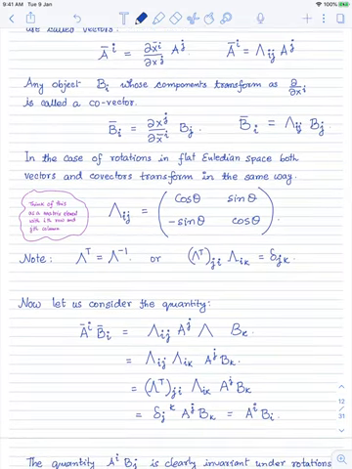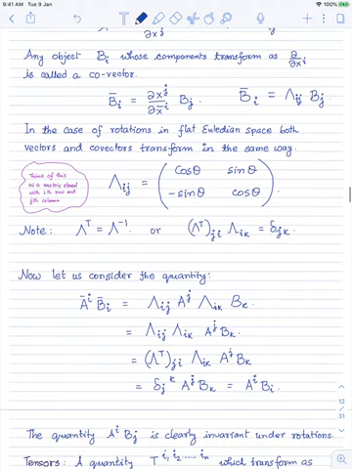If I do a transformation with the matrices, this is lambda^i_j A^j, and then there's a B_i, which is going to be lambda_i^k B_k. Now you see that this i here and this i here are supposed to be summed over, but this is not how you multiply matrices.